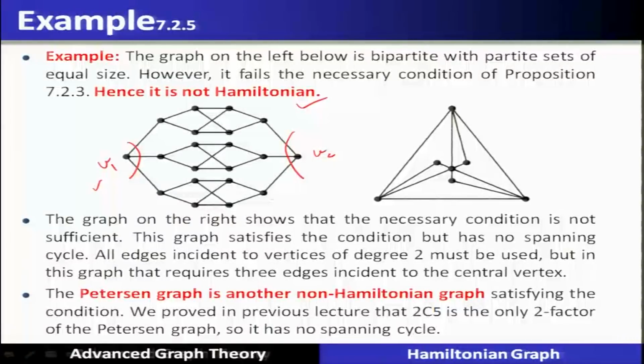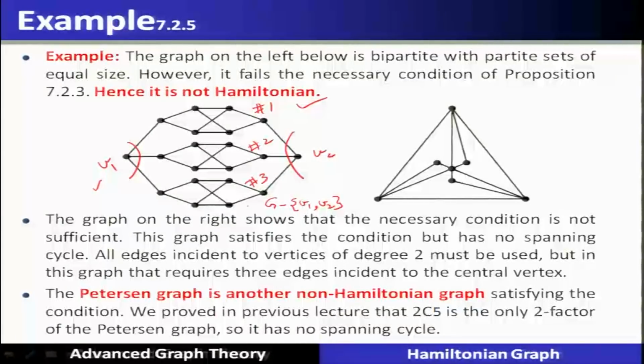The remaining graph G minus S, where S consists of V1 and V2, will have component number 1, component number 2, component number 3, resulting in 3 different components.